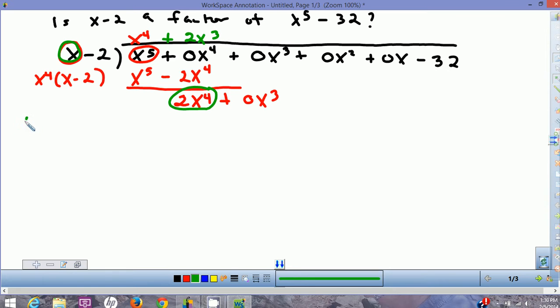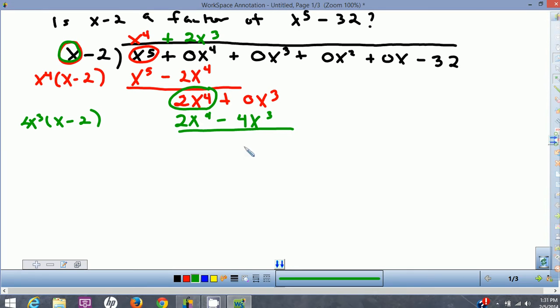So multiply 2x cubed by x minus 2, and I get 2x to the 4th minus 4x cubed. And subtract. 2x to the 4th minus 2x to the 4th is 0. 0 minus 4x cubed is positive 4x cubed. Bring down my next term.